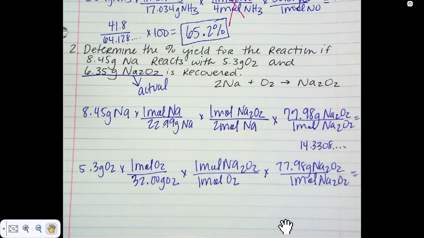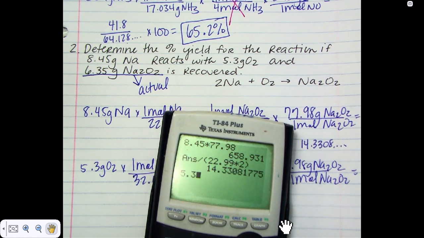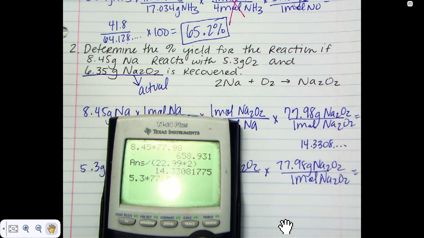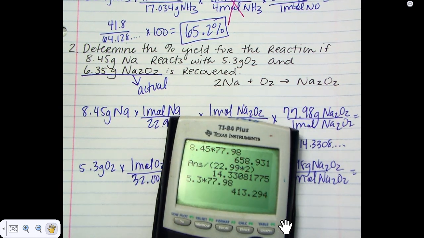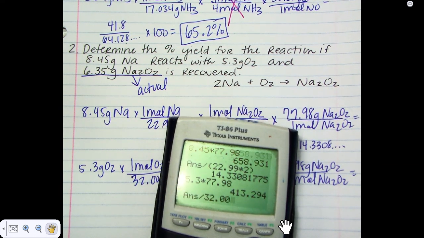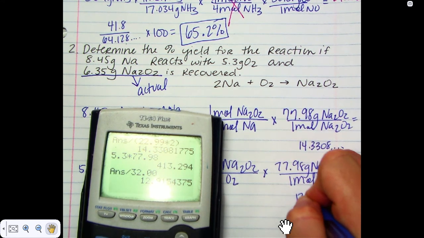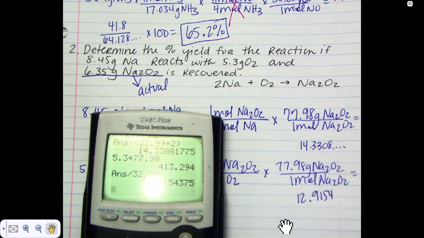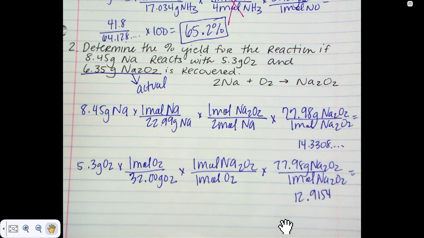Okay, so let's see. 5.3 times 77.98 divided by 32.00. 12.9154.